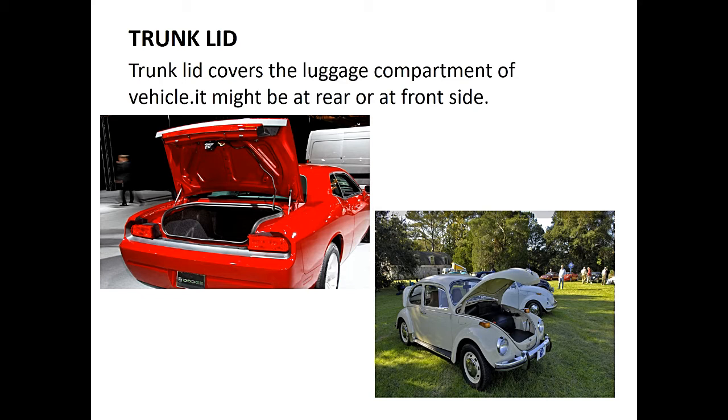However, if the engine is placed at the rear of a vehicle, then the trunk lid is generally located in the front of the vehicle. The difference is visible in the two cars.